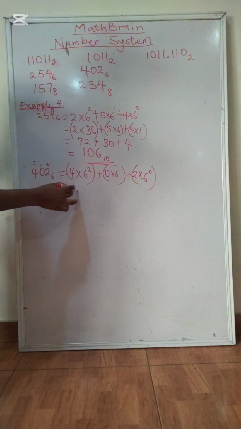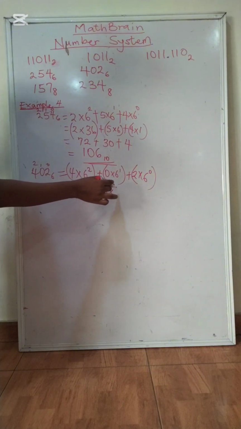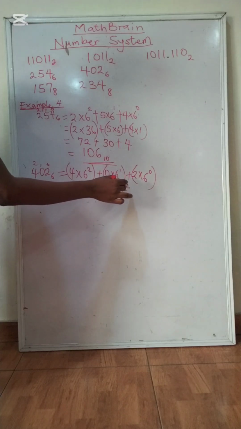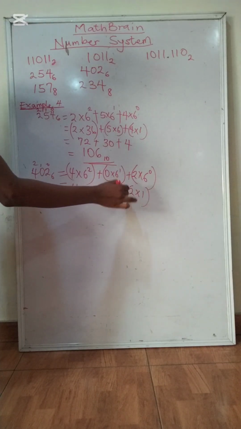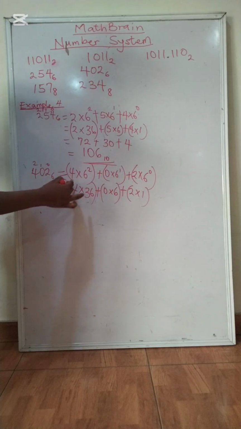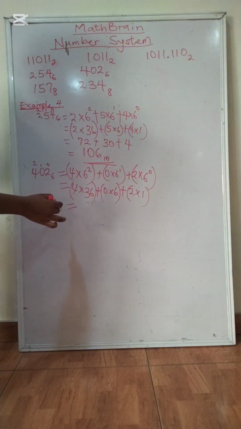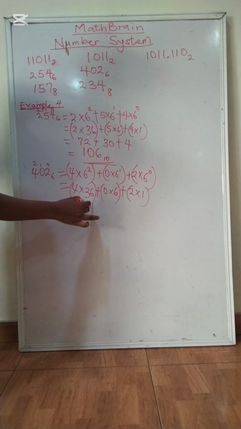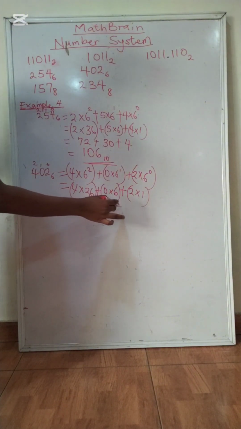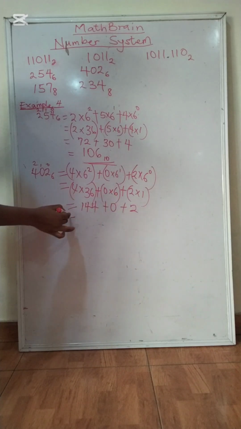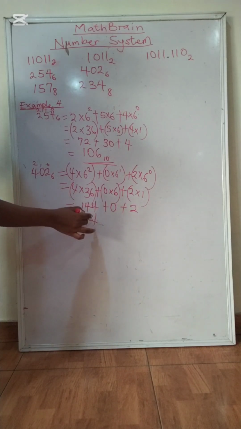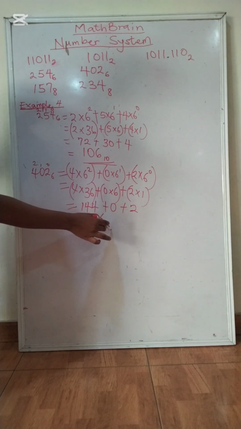And that gives me 4 times 36 plus 0 times 6 plus 2 times 1. And that gives me 144 plus 0 plus 2. And that gives 146 base 10.